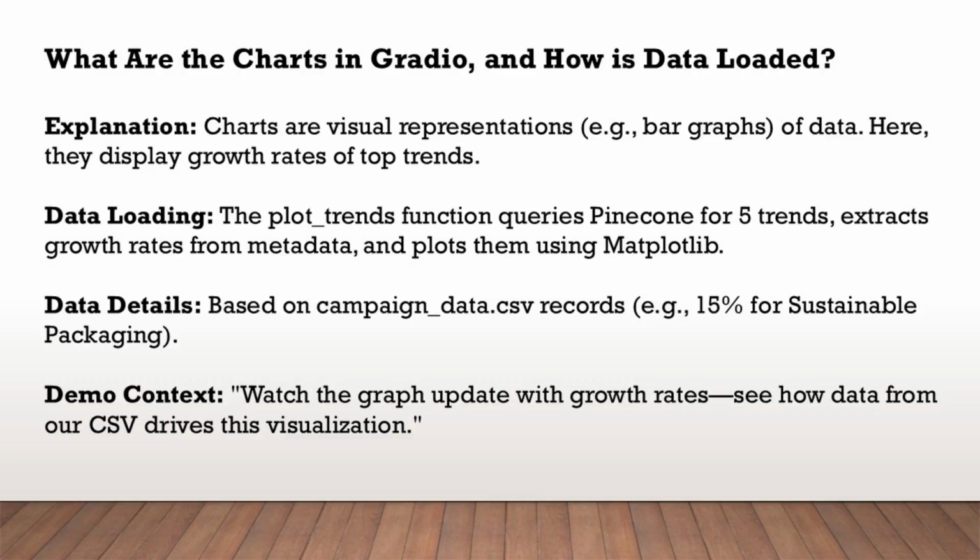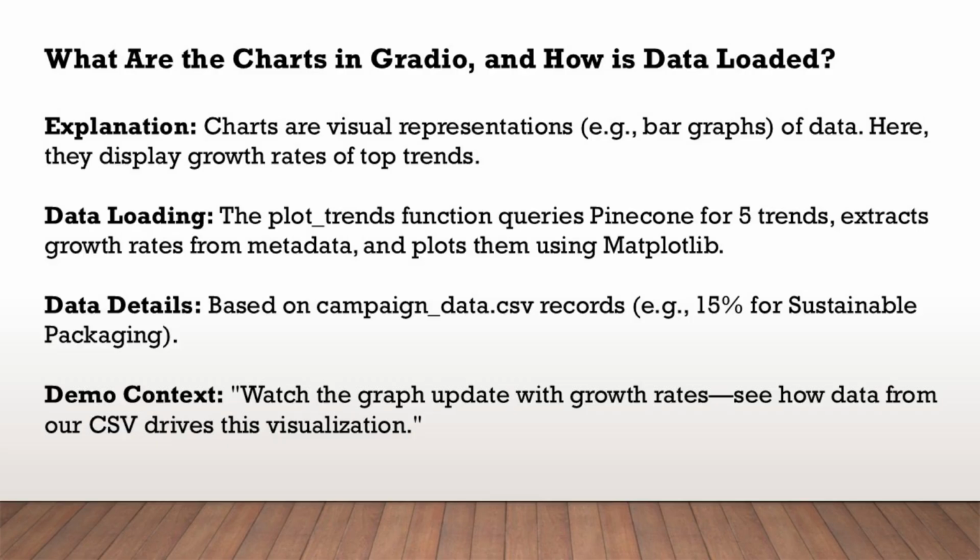As we are showing charts in the Gradio UI, let's understand what the charts in Gradio are and how the data is loaded into them. The charts are visual representations, for example bar graphs of data. Here they display the growth rate of top trends. For data loading, the plot_trends function queries Pinecone for 5 trends, extracts the growth rate from metadata, and plots them using matplotlib.